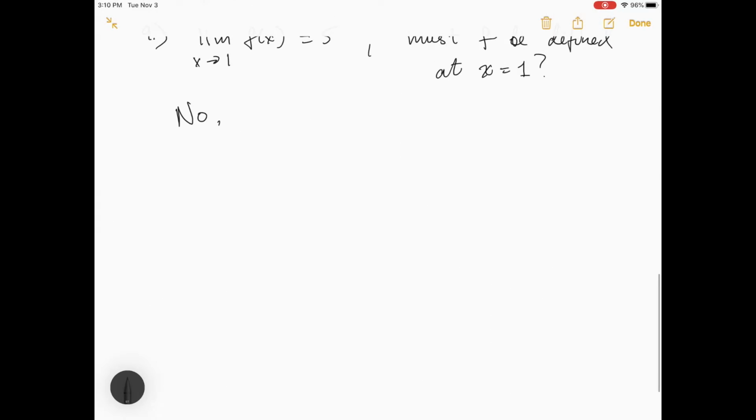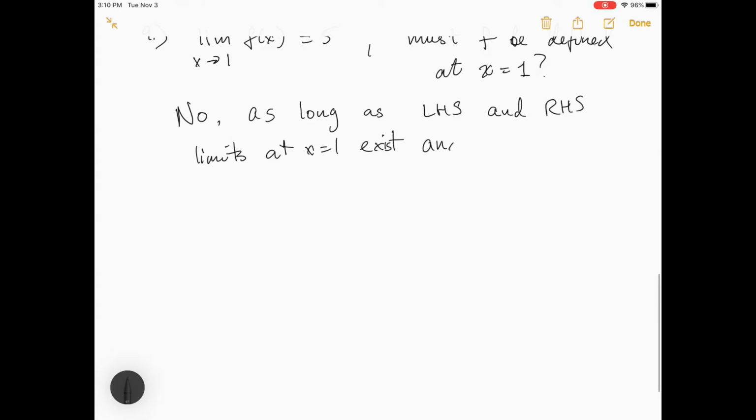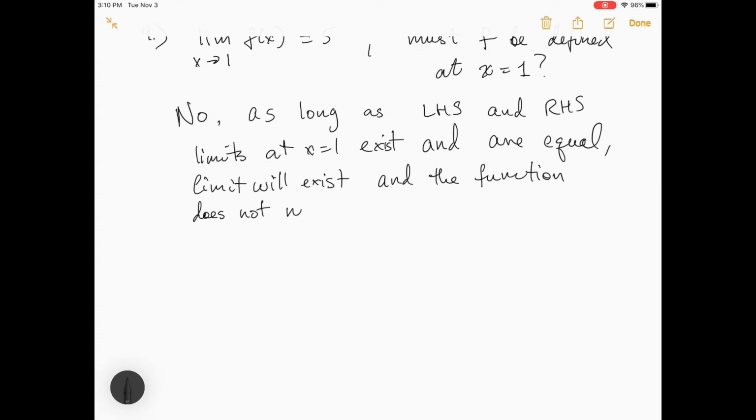So I can say that as long as left-hand side and right-hand side limits at x equal to 1 exist and are equal, the limit will exist and the function does not need to be defined at x equal to 1.